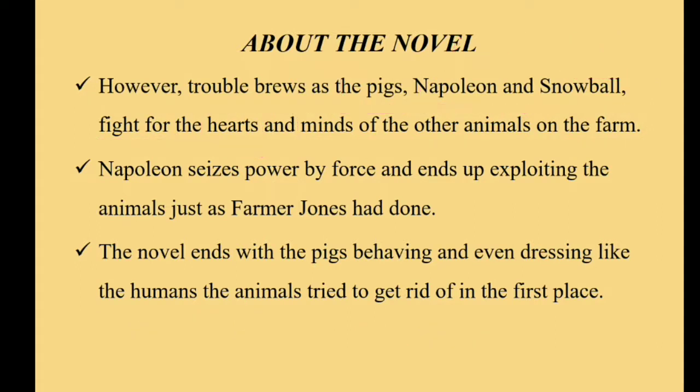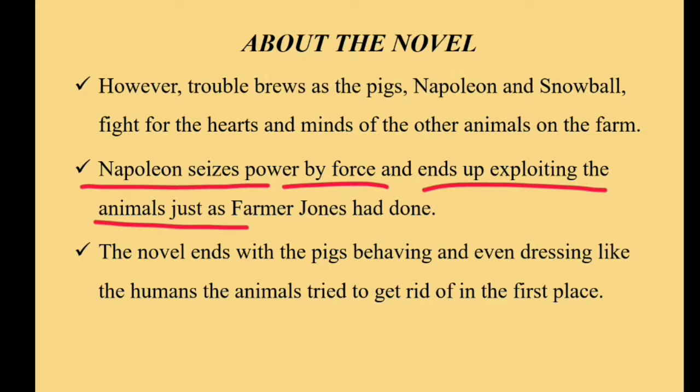Napoleon seizes power by force and ends up exploiting the animals just as Farmer Jones had done. See, gradually the same condition was coming back in the animal farm. Here, Napoleon seized power by force.